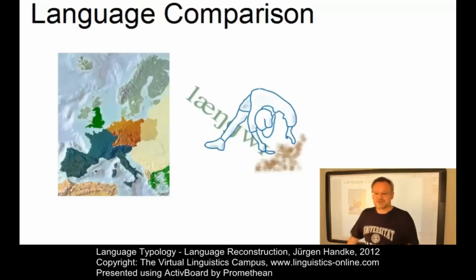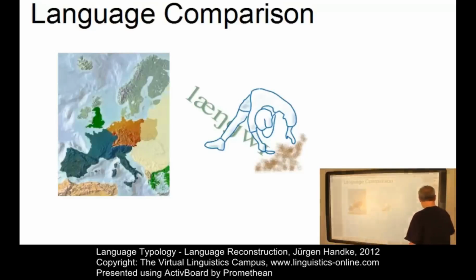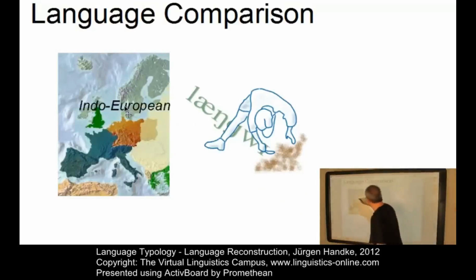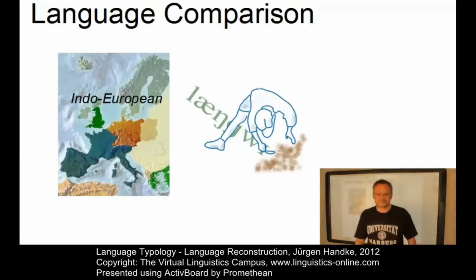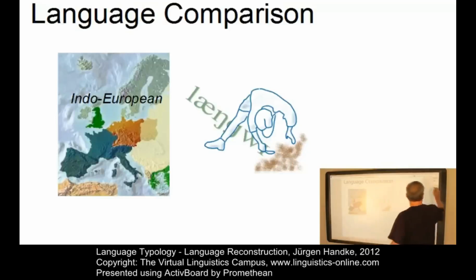As already mentioned, this proto-language came to be called Indo-European, or to be absolutely precise, Proto-Indo-European. The standard way of reconstructing such ancestor languages is referred to as the comparative method.